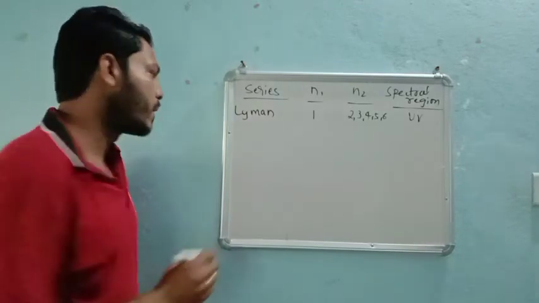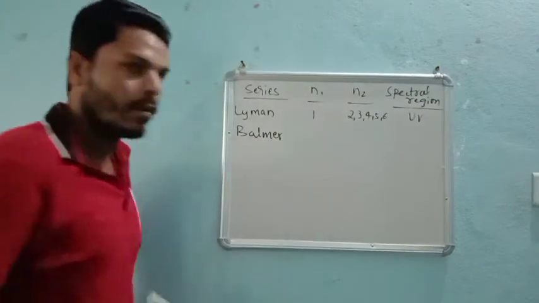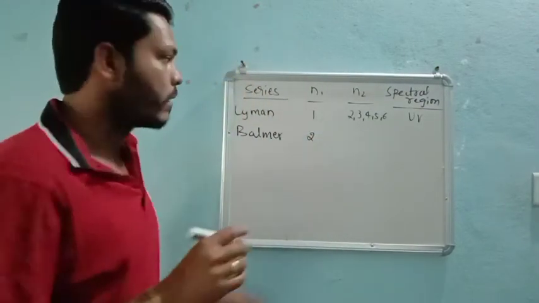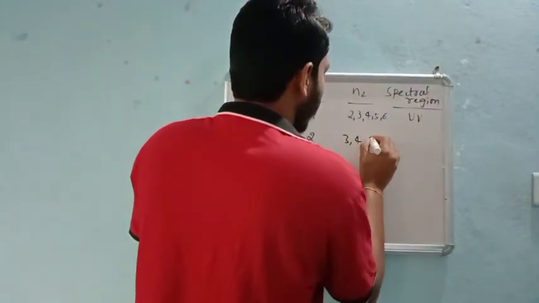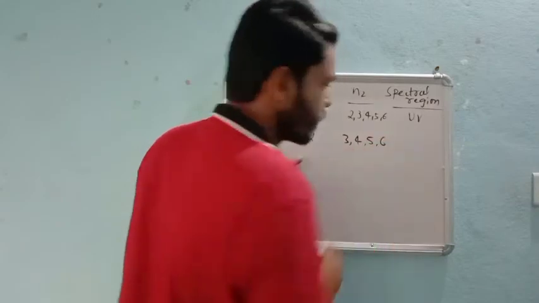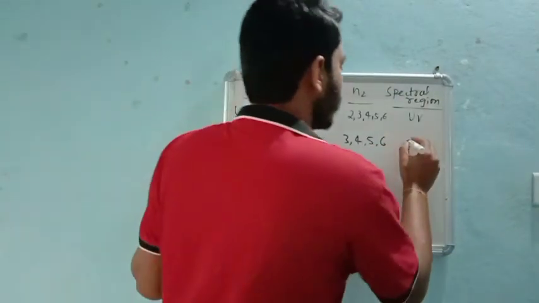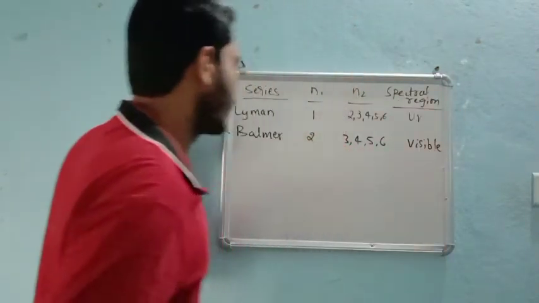Next, Balmer. According to Balmer, the lower energy state was 2, right? Already we saw. And from 2 it might jump to 3, 4, 5 and 6. And whose spectral region is the visible region. Directly they will ask, right?